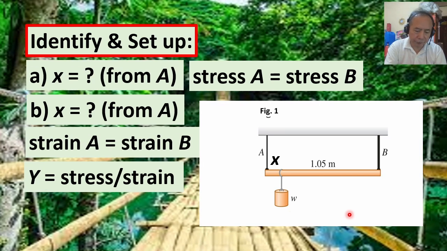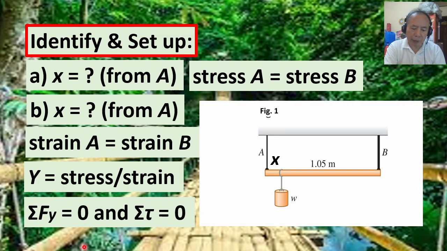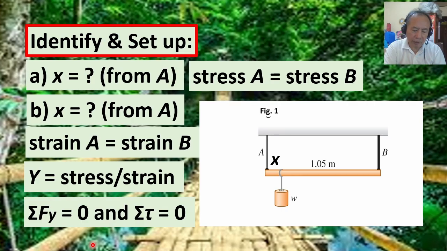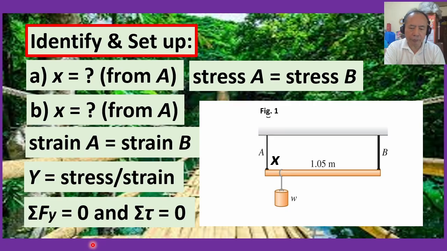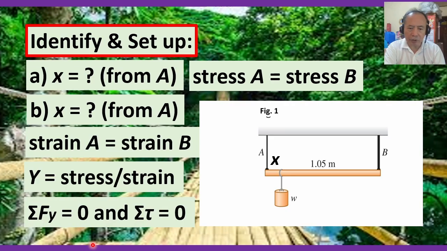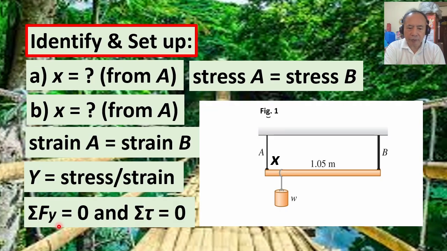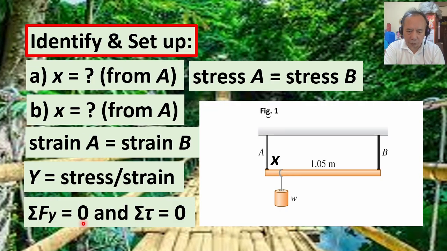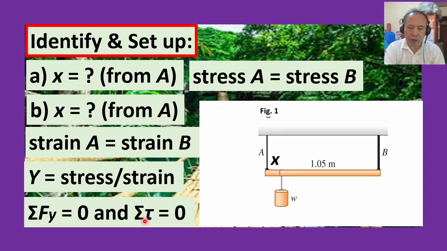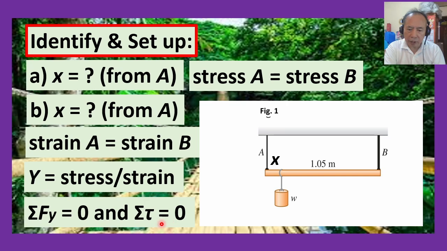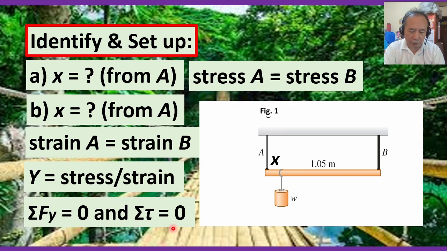And we also apply the two conditions of complete static equilibrium, that is, the summation of the forces along the y-axis must be equal to 0, and the summation of the torques about a chosen axis of rotation must also be equal to 0.